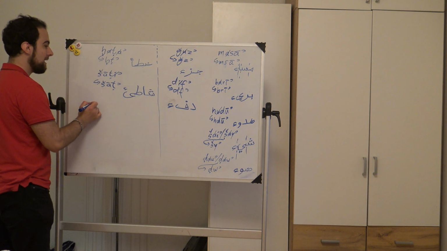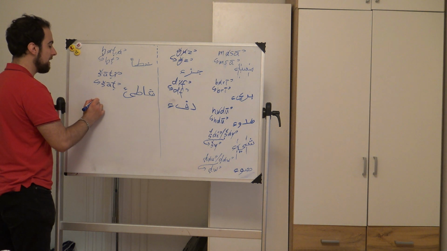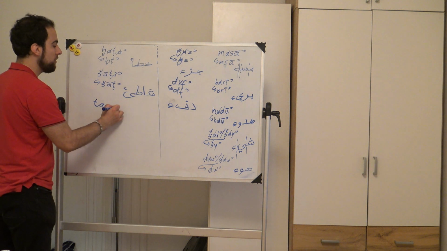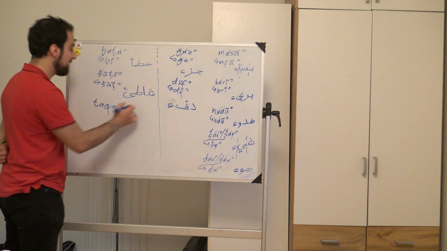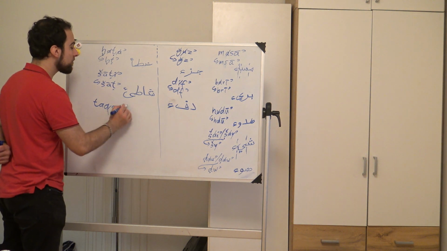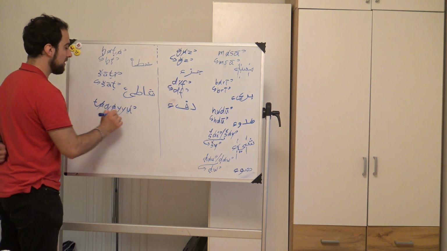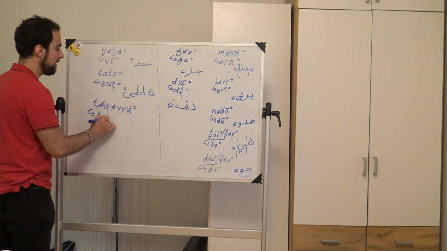And last example, after a short u, we can take the verbal noun taqayyu, which means puking. Taqayyu, cutting off the short vowels, which means this. Taqayyu.